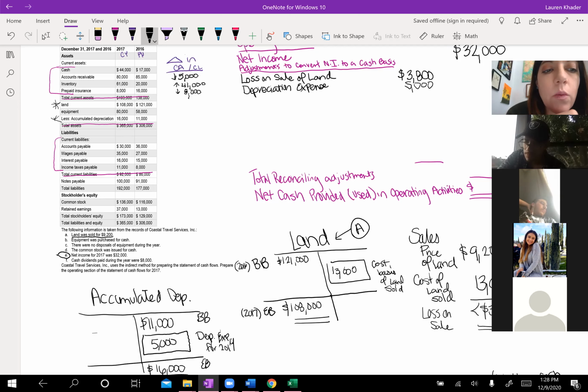Current liabilities, we have accounts payable that went from 36,000 to 30,000, a decrease of 6,000. Wages payable went from 27,000 to 35,000, an increase of 8,000.